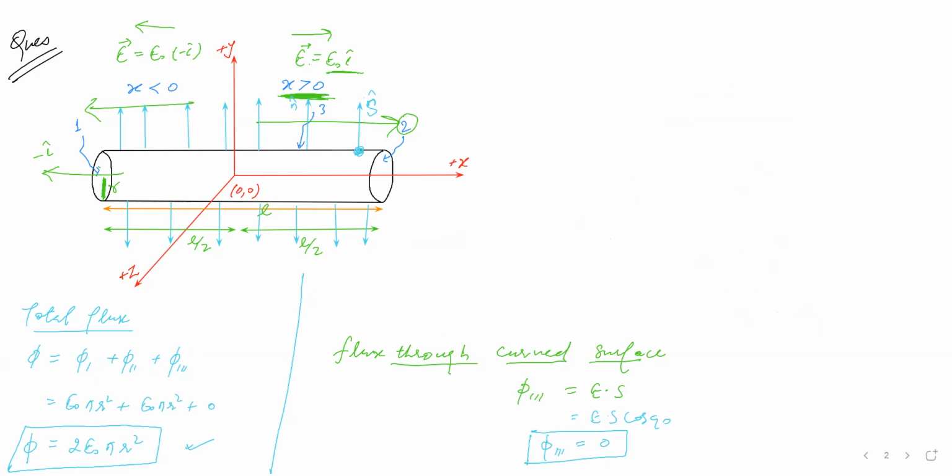Phi is equal to Q over epsilon naught, or we can write Q is equal to phi times epsilon naught. The value of phi is 2 E naught pi r square, so Q is 2 E naught pi r square epsilon naught.